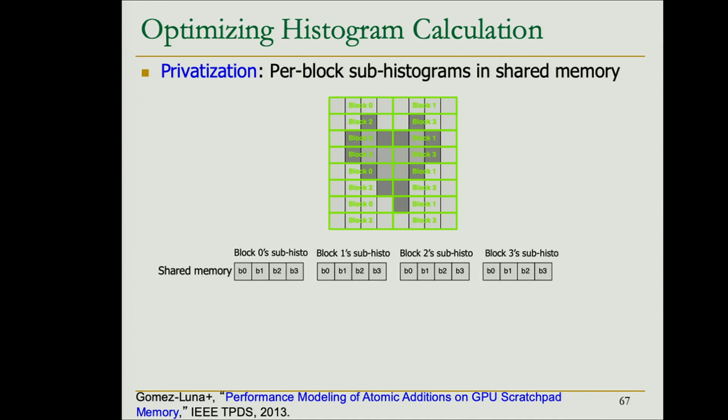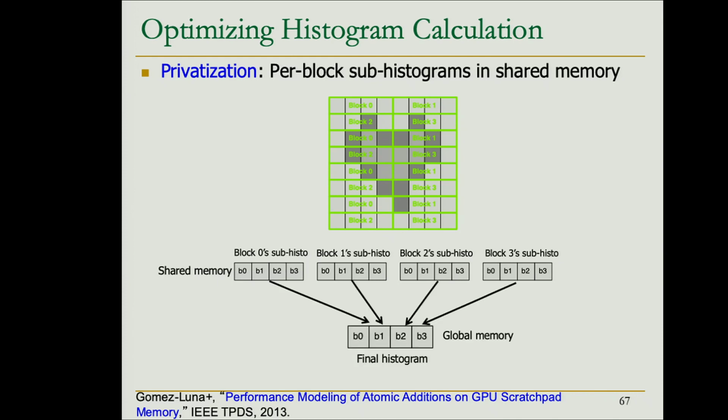Instead of having one single histogram in global memory for all the thread blocks that I'm going to run, I can have multiple subhistograms of the same size, as you see, in this case, 4 bins, in the different shared memories of the different SMs.